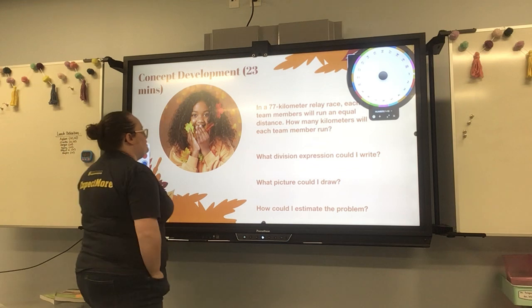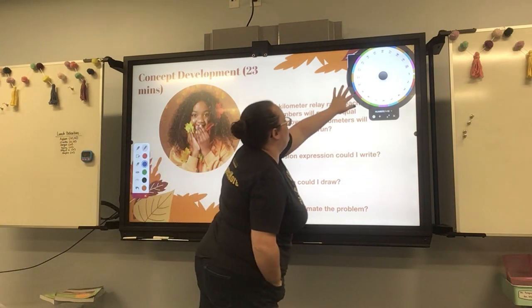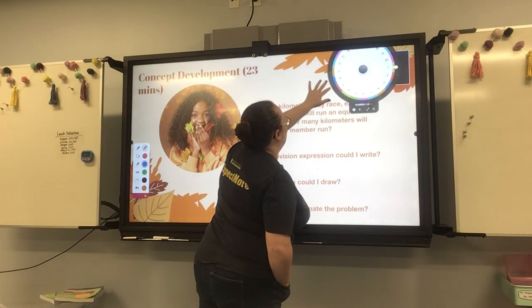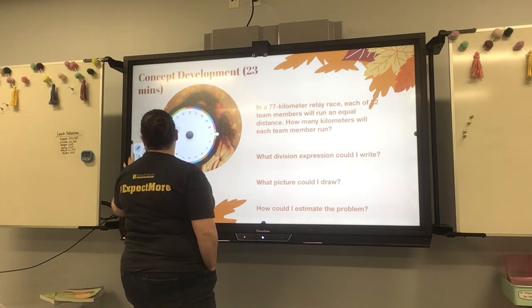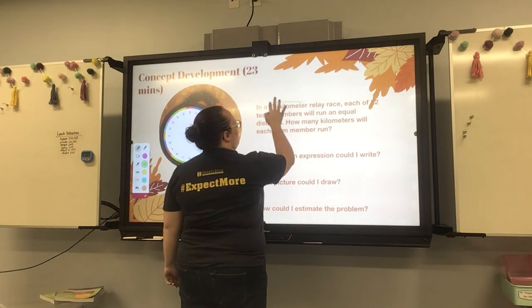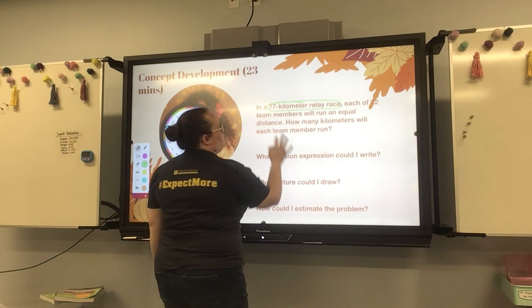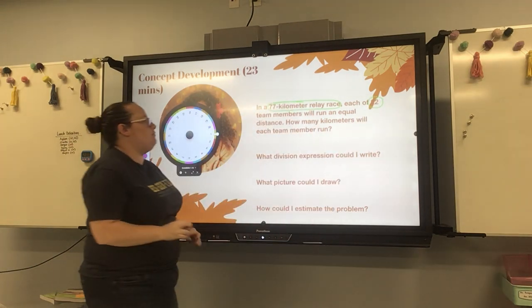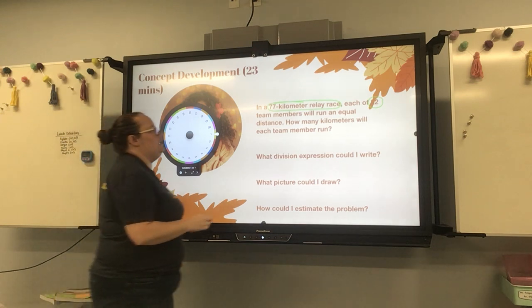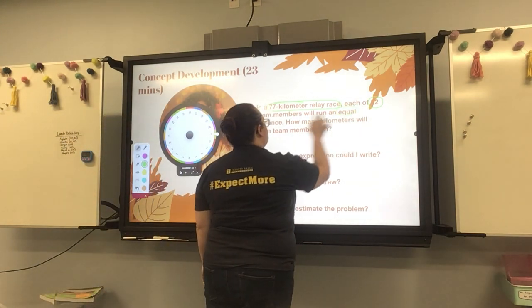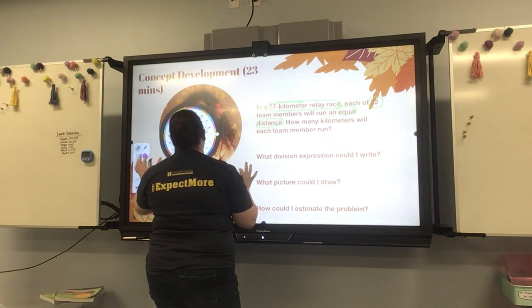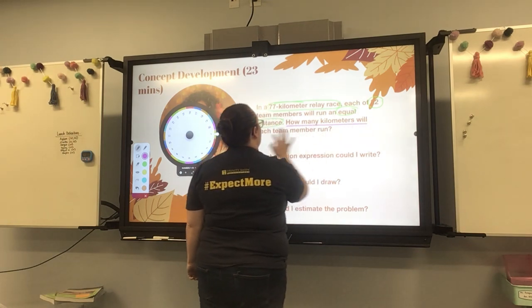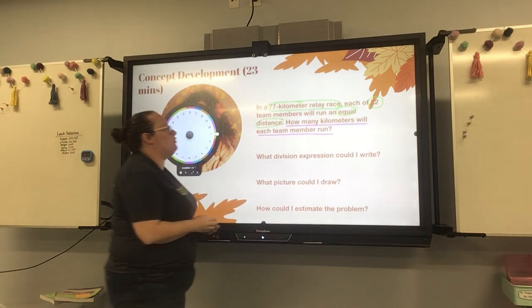It says, in a 77-kilometer relay race, each of 22 team members will run an equal distance, how many kilometers will each team member run?